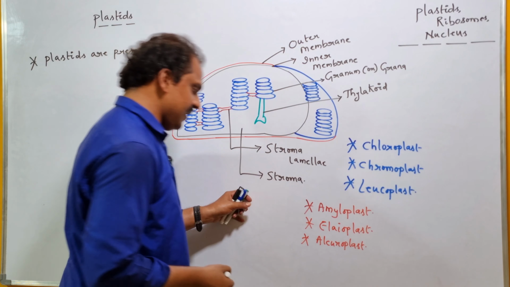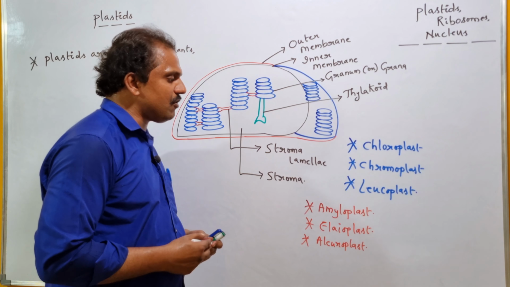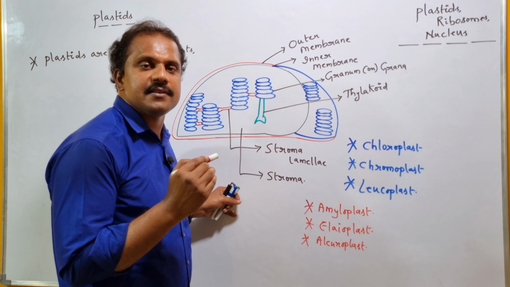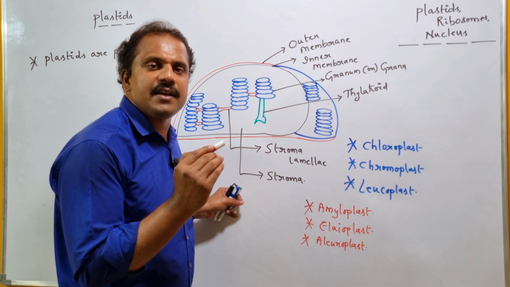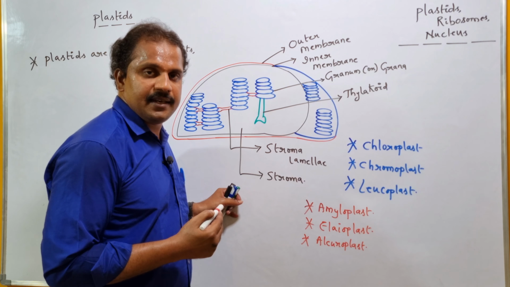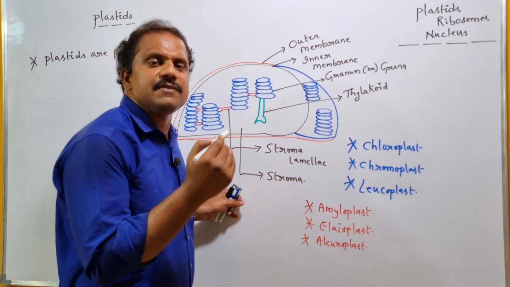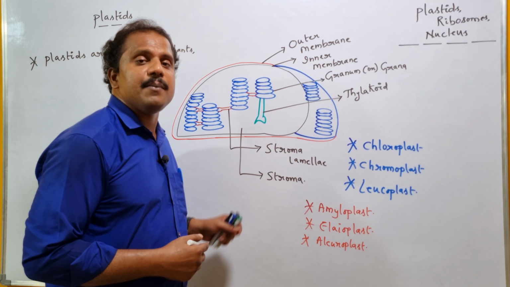So at first, if we consider the amyloplast, as the name itself suggests, this is the specific leucoplast which is capable of storing the food molecules which are nothing but the sugars. So why are these plastids termed as what? Amyloplast. Is it clear? Because of the storage of food molecules like sugars, the leucoplasts are termed as amyloplast.